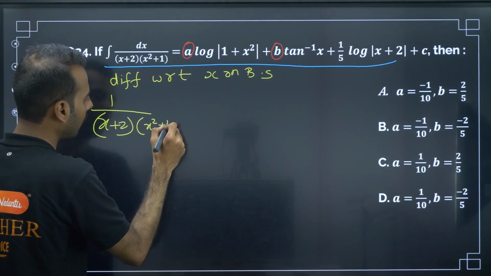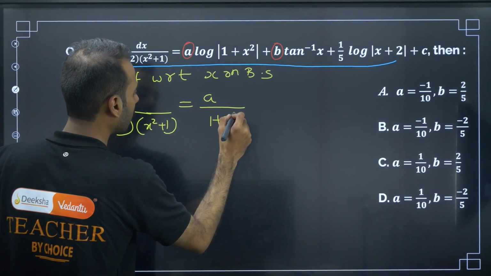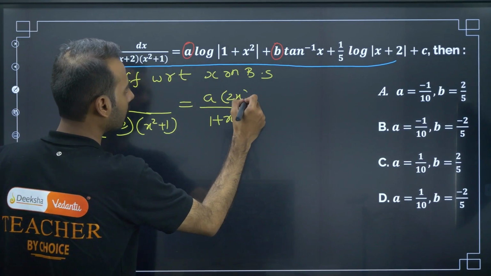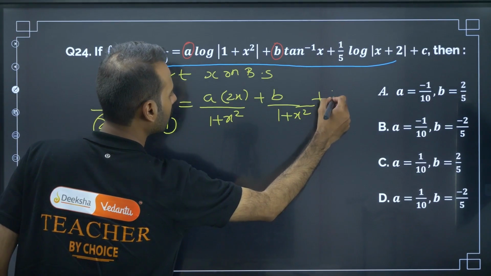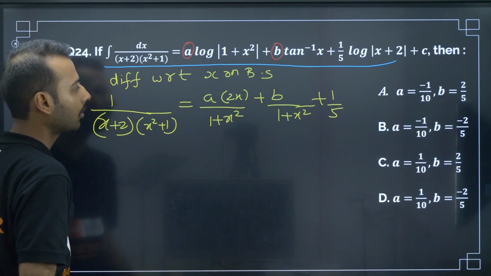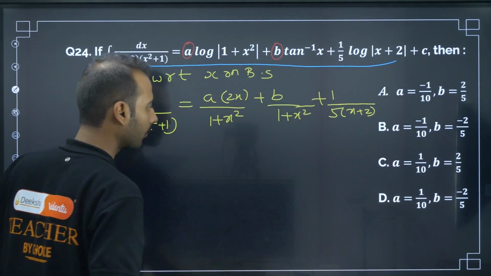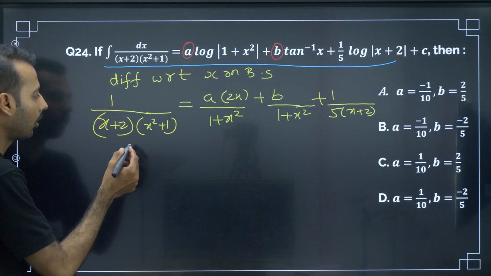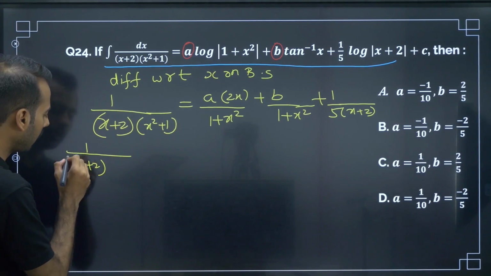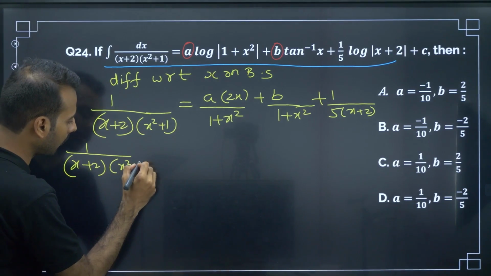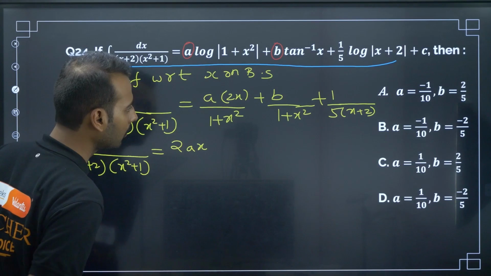x square plus 1 is equal to a into 1 plus x square and then 2x, plus b by 1 plus x square, plus 1 by 5, differentiation of log is 1 by x plus 2. Now if I take LCM on the RHS, x plus 2 into x square plus 1 is equal to 2ax.